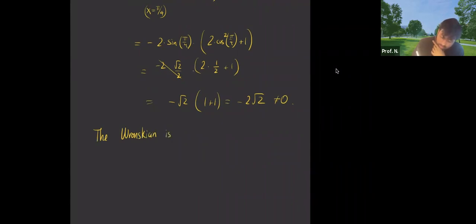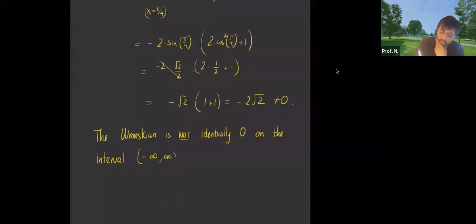If this is non-zero, the Wronskian is not identically 0 on the interval -infinity to infinity. Why not? Because I just found one. I found an x value, pi over 4 in particular, that makes the Wronskian non-zero.